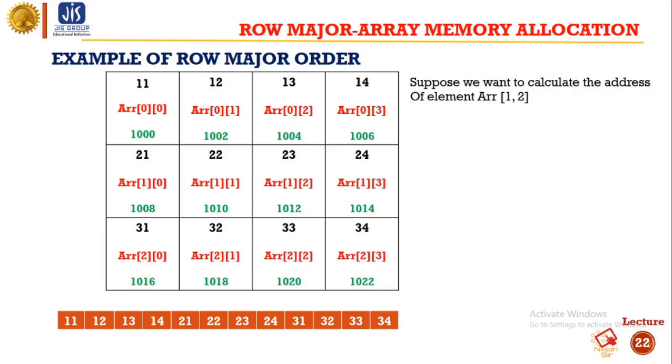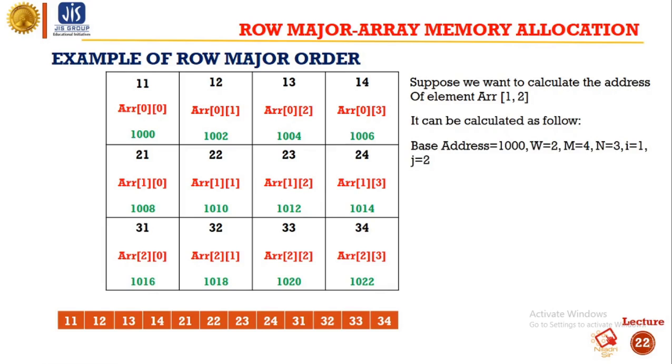Suppose we want to find out the address of this value, ARR[1][2]. What we will do: base address is 1000, W is 2 here, M is 4, N equals 3, I equals 1 and J equals 2. Base address means this one, 1000. W means each element will store 2 bytes of space.